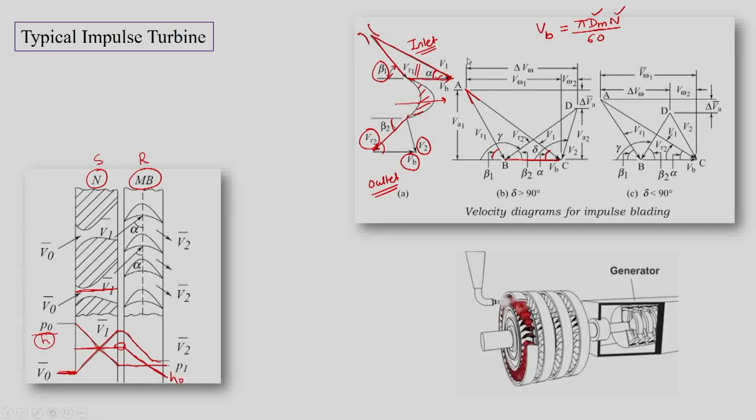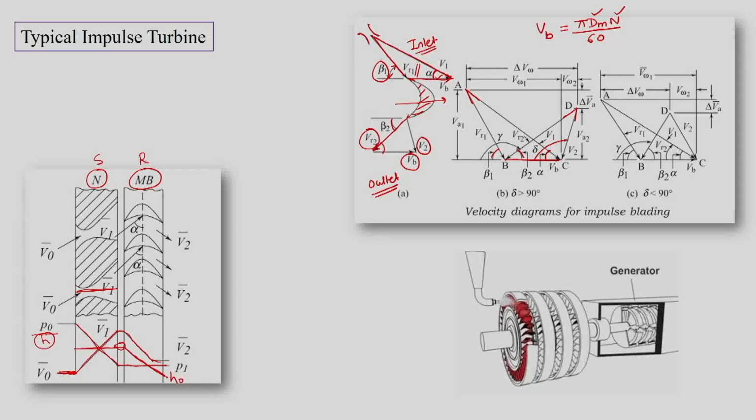Then we have parallelly drawn the outlet velocity triangle over here, where we have V2 and VR2, where the absolute velocity is making angle delta, and beta 2 is the angle made by the relative velocity with Vb. Here we have two things which can happen.